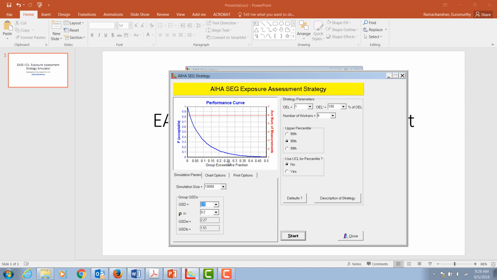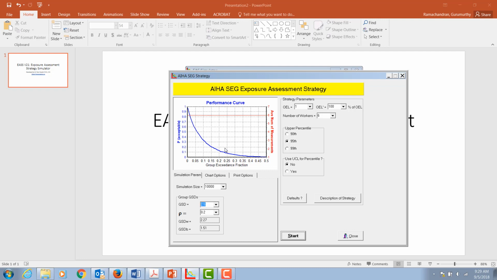So now let's look at a clearly unacceptable group exceedance fraction of 0.25. Here we can see that the strategy deems it to be acceptable less than 10% of the time, maybe 8% or so, which means this has a power of the converse of that, 100 minus around 8%, so 92%.